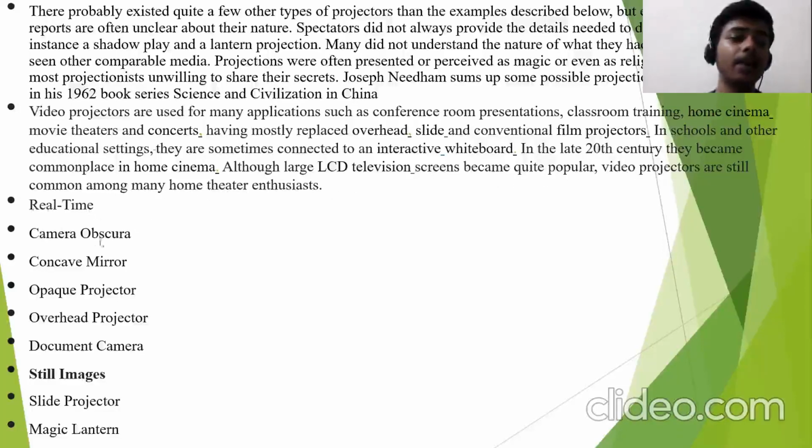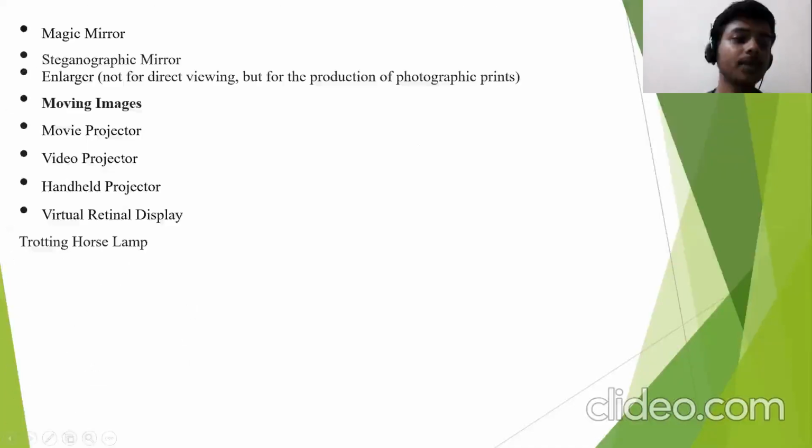Real-time: camera obscura, concave mirror, opaque projectors, overhead projector, document camera. Still images: slide projector, magic lantern, magic mirror, steganographic mirror, enlarger. Moving images: movie projectors, video projector, handheld projector, virtual retinal display, trotting horse lamp.